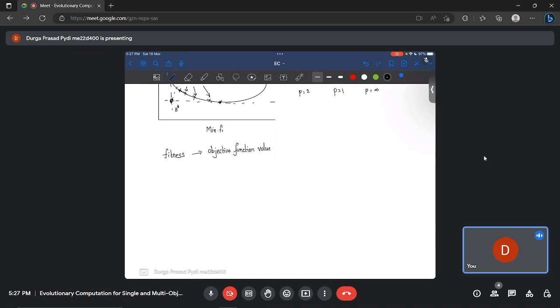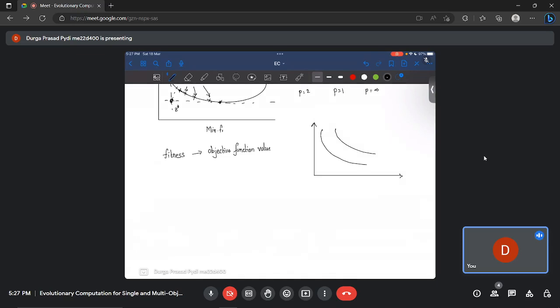But now in this particular case, when you have multiple objective functions, just giving a value of objective function will not be sufficient. Say this is your objective space, and these are essentially the Pareto fronts.